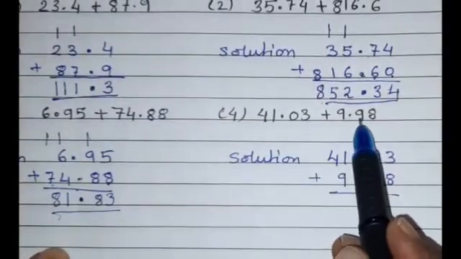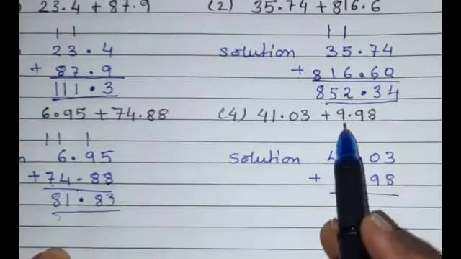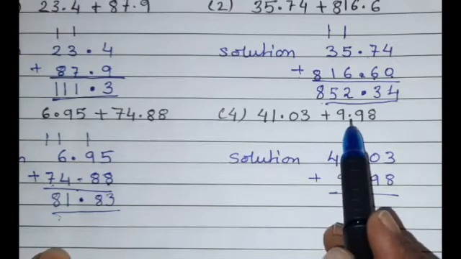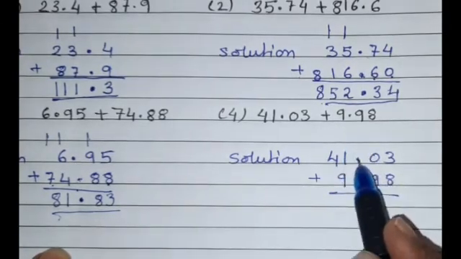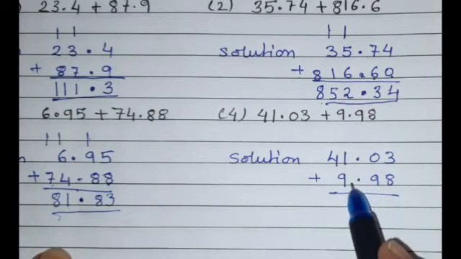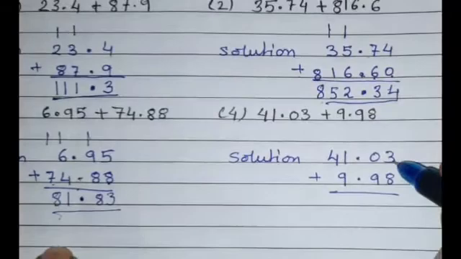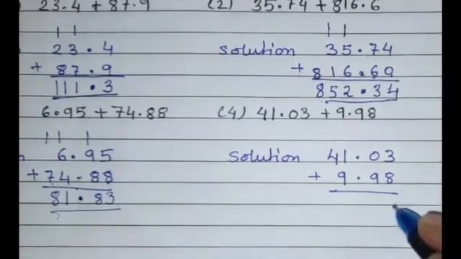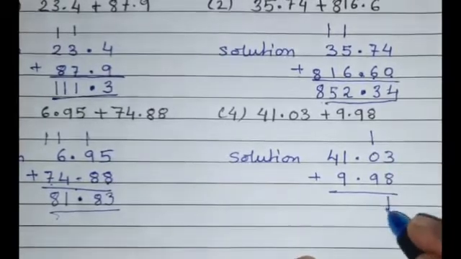Fourth one, 41.03 and 9.98. First write 41.03. See here is only one digit before decimal. So remember the point written below this point. So 9.98. Now add both the values. 8 plus 3 is 11. So put here 1 and carried 1. 9 plus 1 is 10.